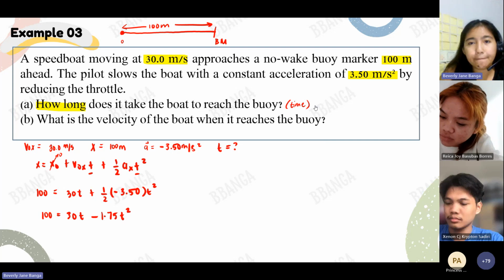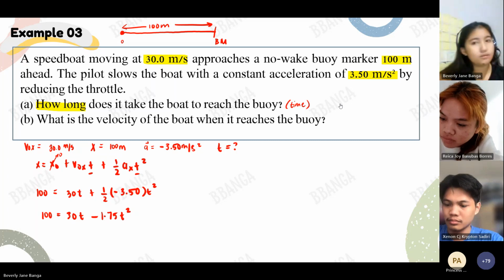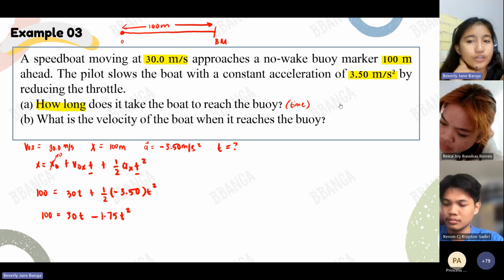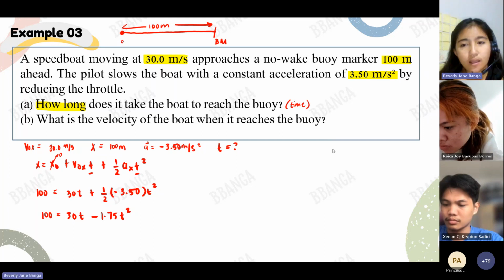Fernandez, Janren. How can we extract t out of this equation? Sige.